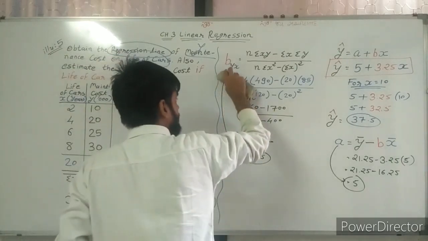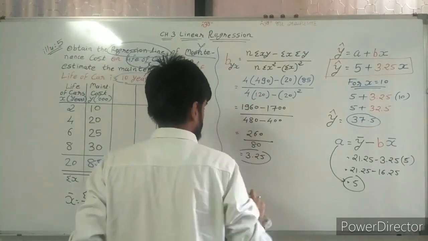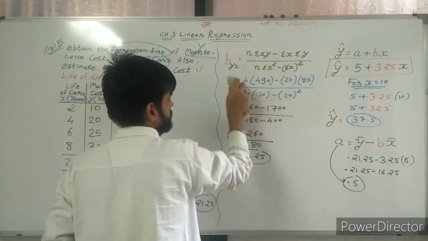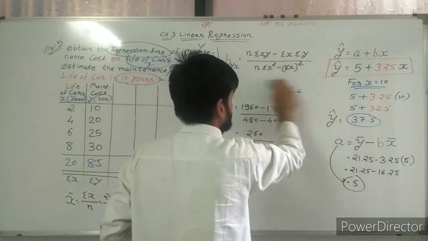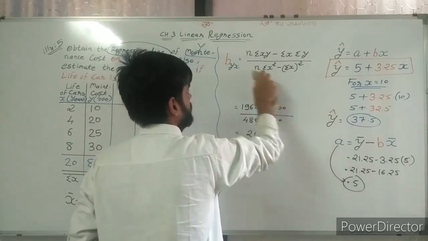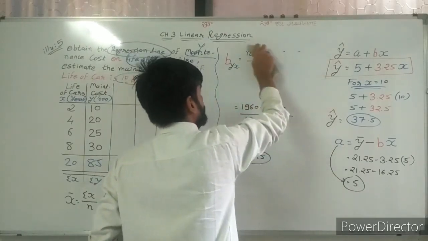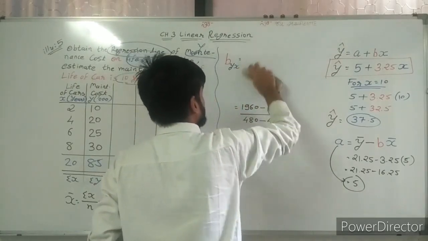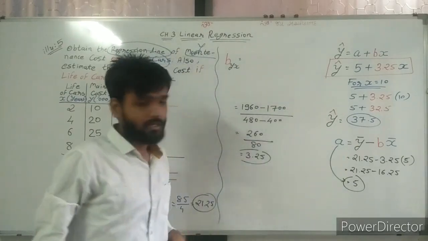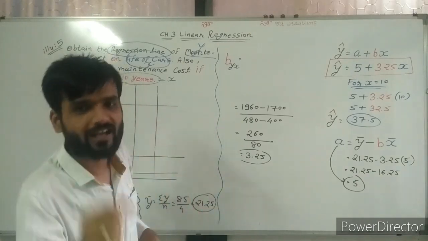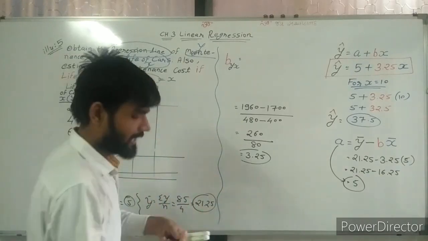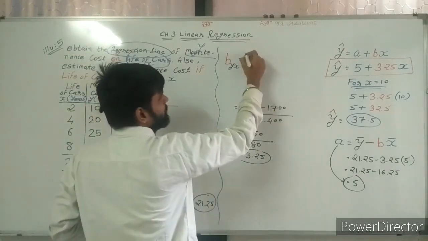So first of all I am writing the formula also. Instead of x we are writing u, in place of y we are writing v, and making the new formula simple.